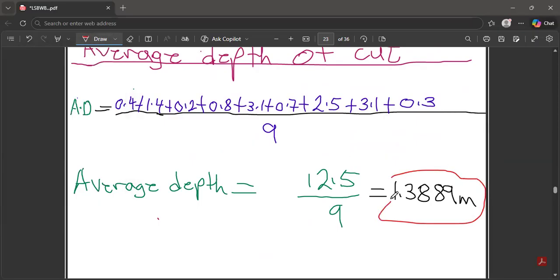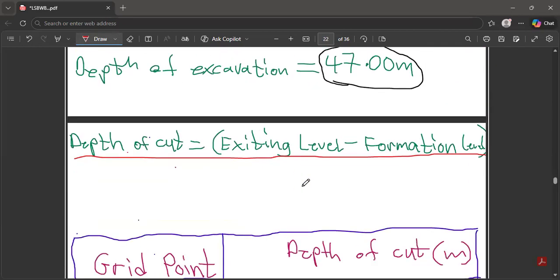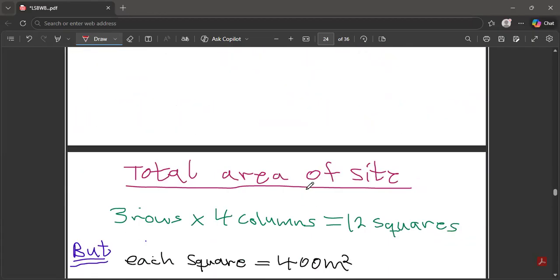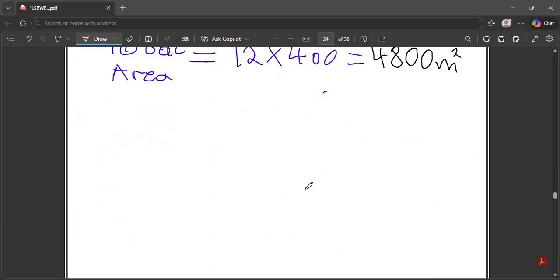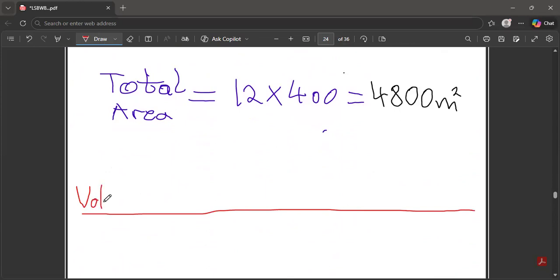So let's proceed to use our final formula to wrap up. The volume of excavation.